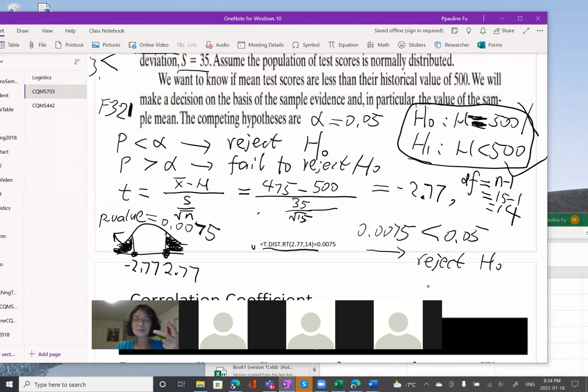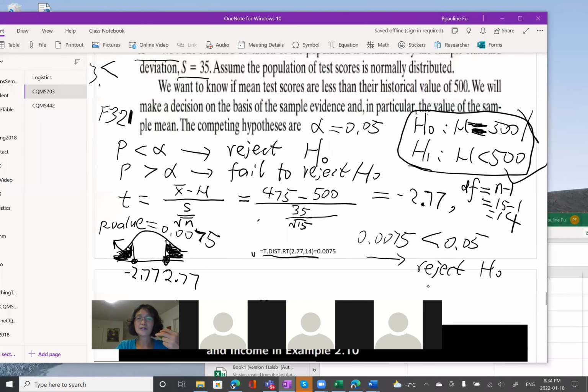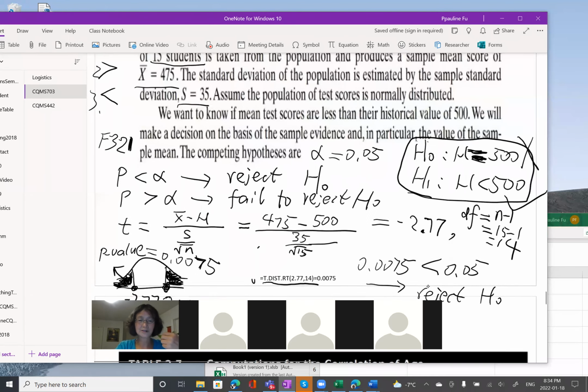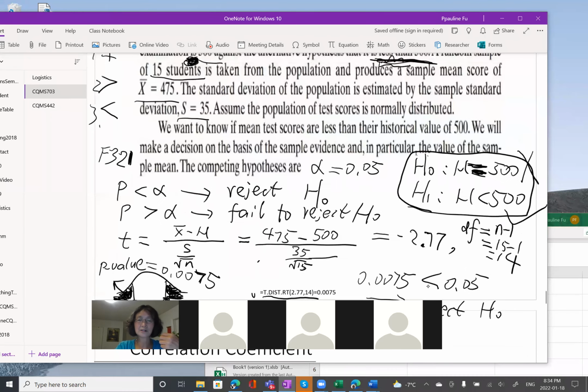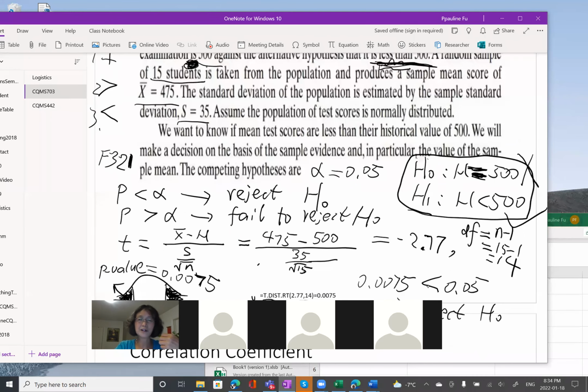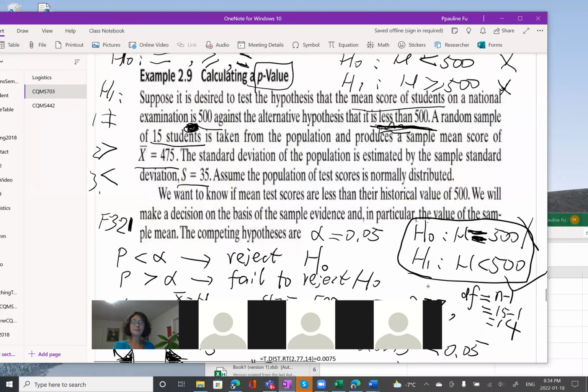So our final conclusion: the population average is smaller than 500. I hope through this example, you understand the hypothesis testing process.